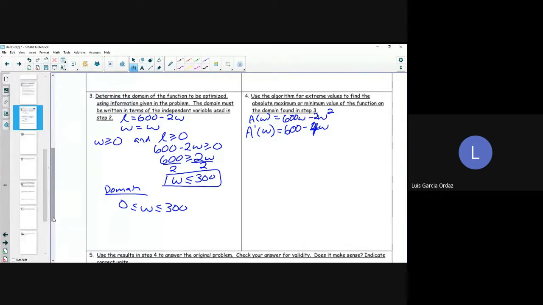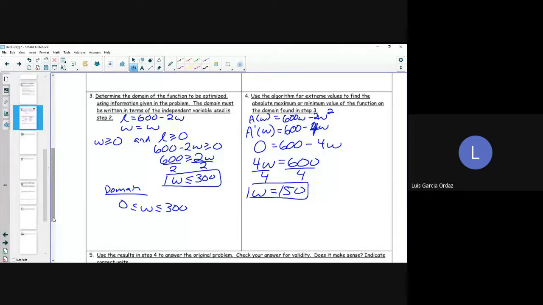So now we set A prime of w equal to 0 because that's when it will give us its max. I'm going to isolate for my variable, so I'm going to move my 4w over to the other side, and then divide both sides by 4, which means my w is equal to 150.